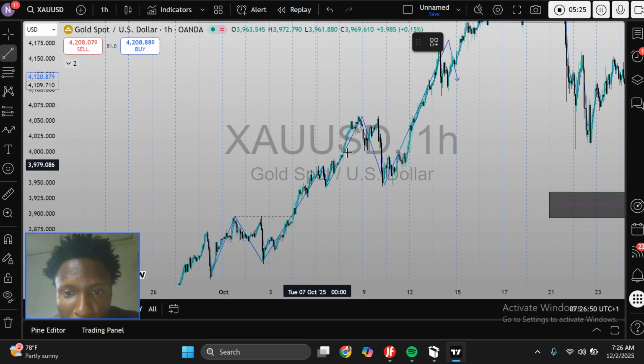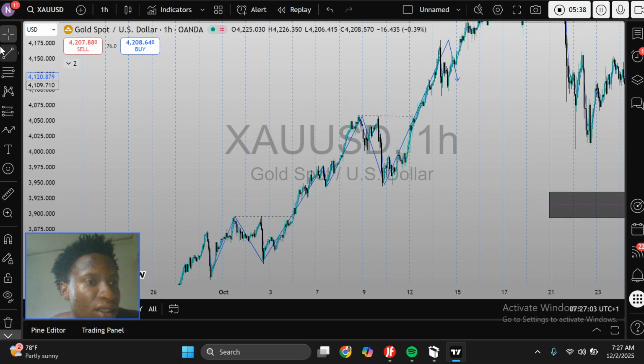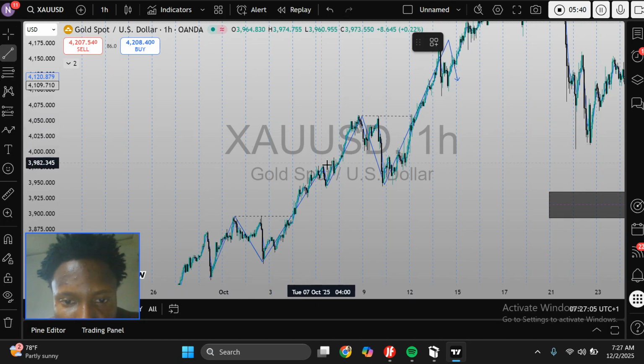At the same time, over here, after this higher low was created, we saw a break of structure right here. Even at this point, after this low was created, we saw a break of structure right here.